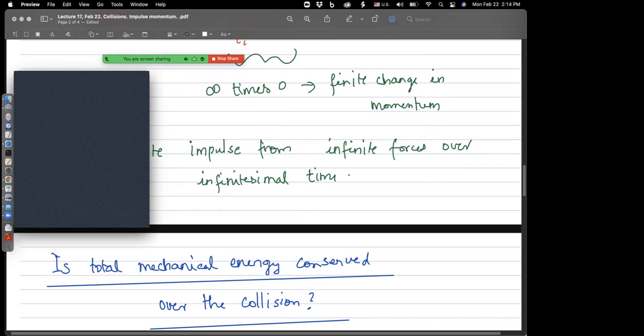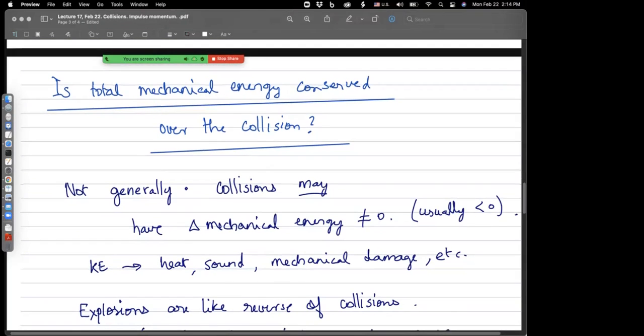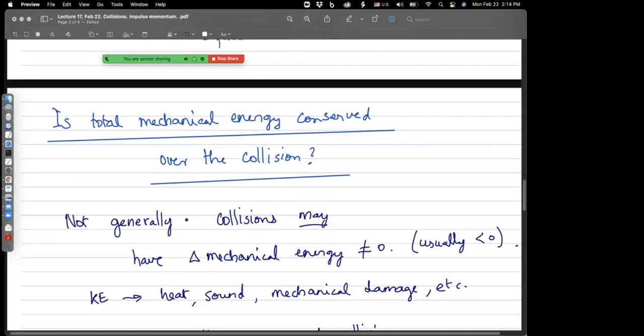But basically, typically, velocities change in a manner that there is some change in mechanical energy. And then, as Ian said, there's a very special case called the elastic collision where energy does not change. But typical situation is that energy does change. So we'll come to that. Okay, so the answer to this question is not generally.